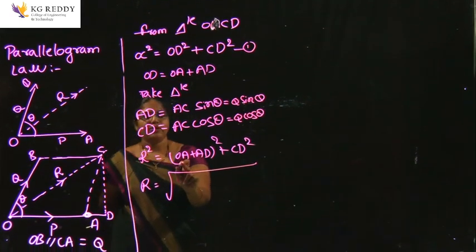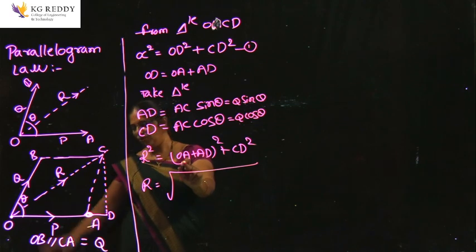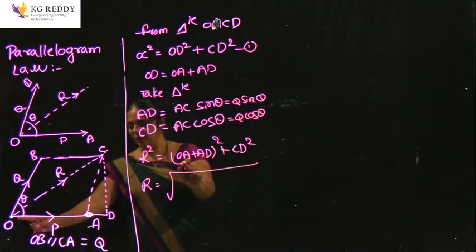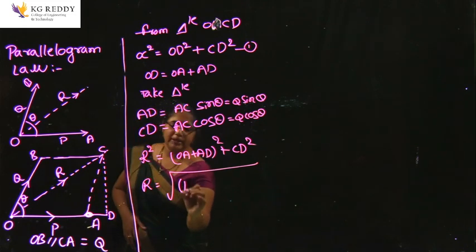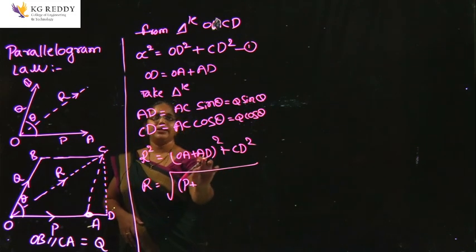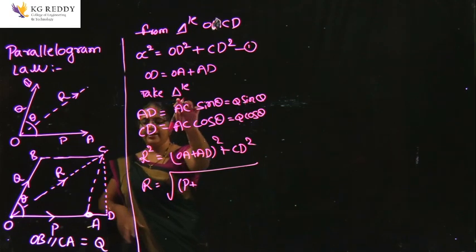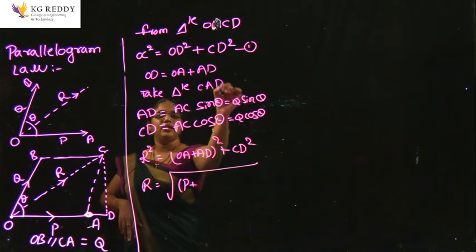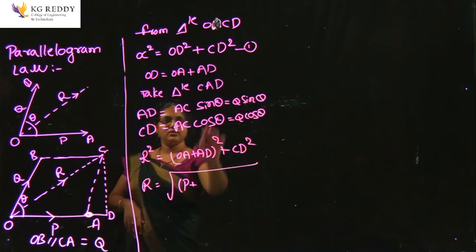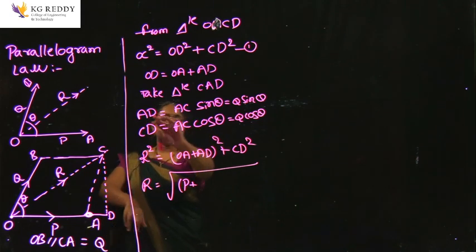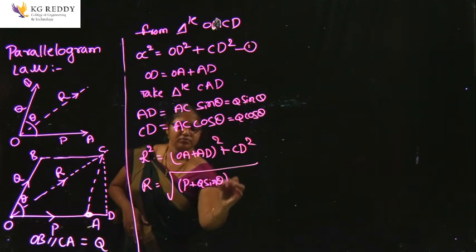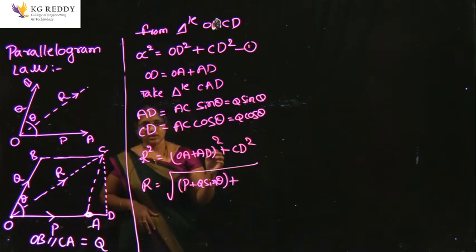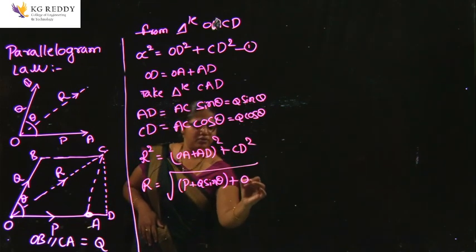What is meant by OA here? OA is from O to A, it is showing the value P, right. Substitute P plus the value of AD. We have taken it from this triangle CAD, so AD equals Q sin theta, plus Q cos theta.